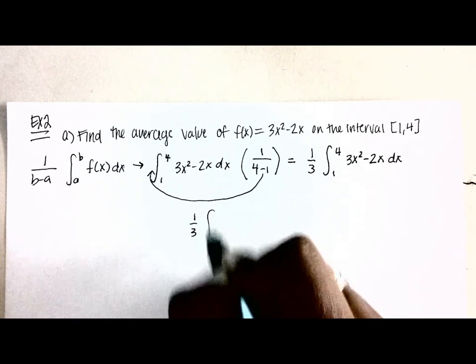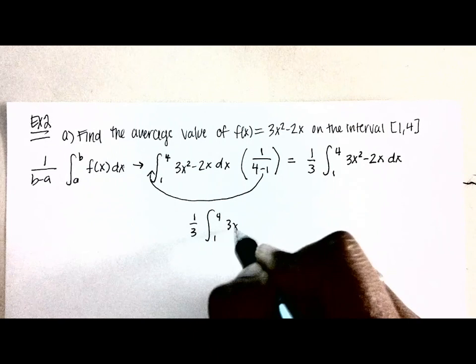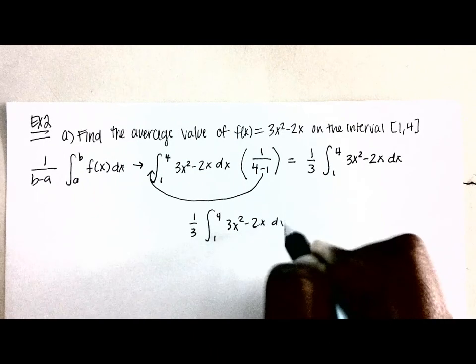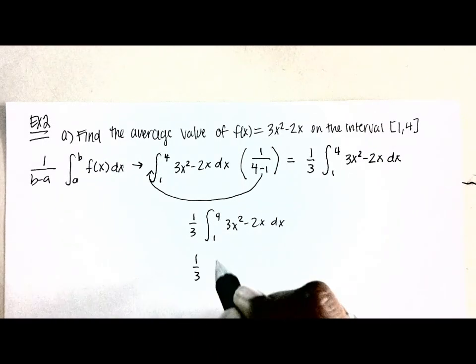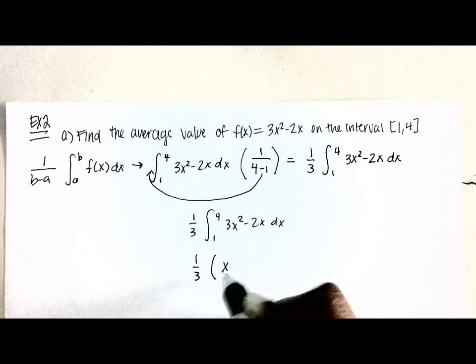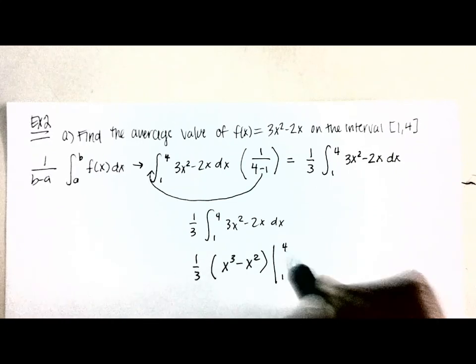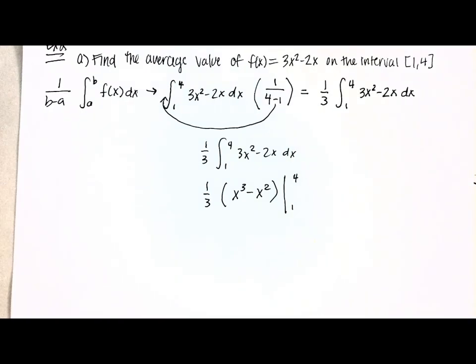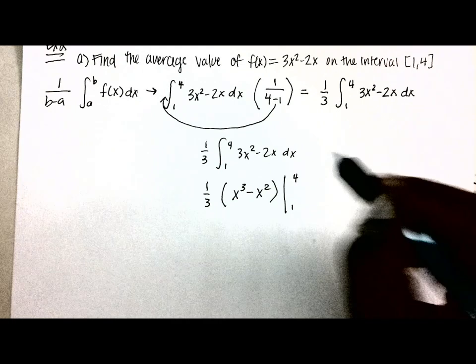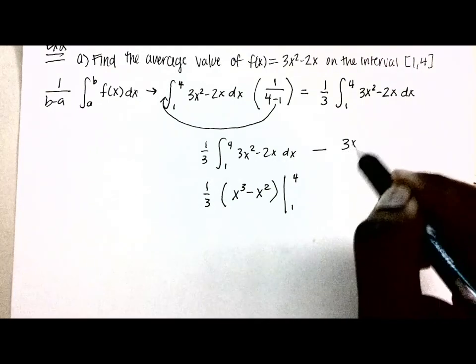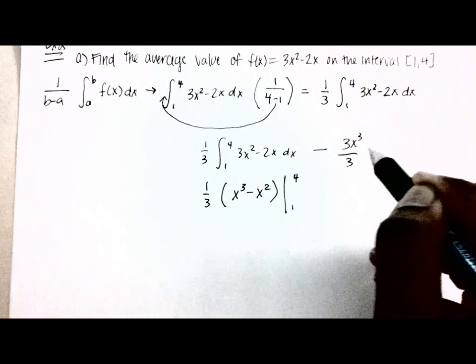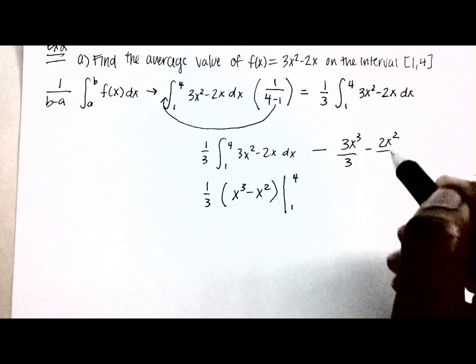Let's just integrate this. So 1/3 times x cubed minus x squared, evaluated from 1 to 4. Remember, to integrate, it's 3x cubed over 3 minus 2x squared over 2.